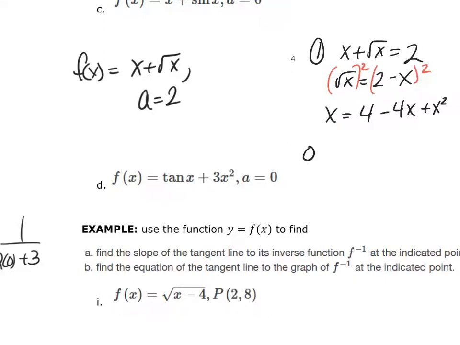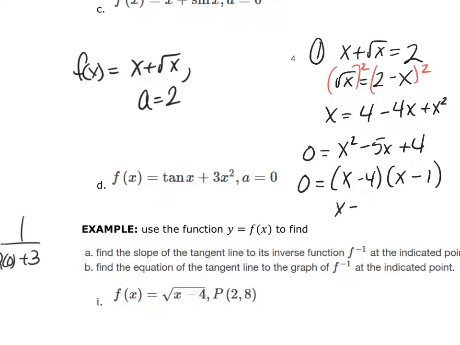So I've got 0 is equal to x squared minus 5x plus 4. And then I refactor it. So 0 is equal to x minus 4 and x minus 1. So x is equal to 4 and 1.